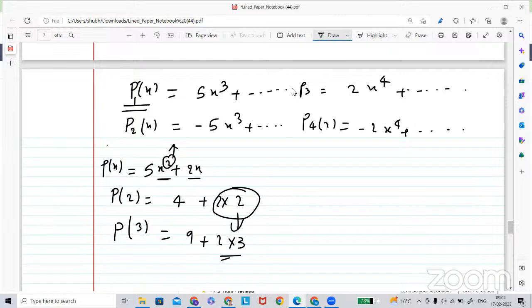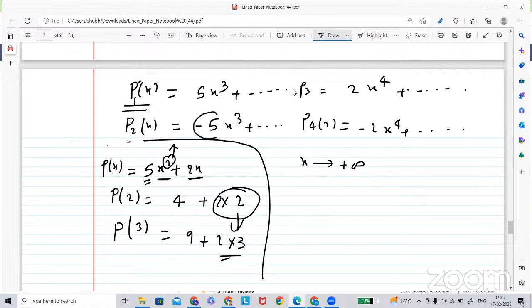Now here, if 5 is there, the degree is also affecting and the coefficient is also affecting more. So now you can think of x going to positive infinity, as x is increasing and getting bigger.